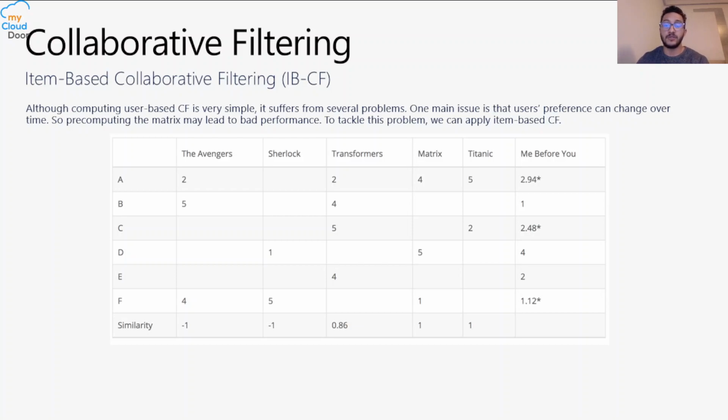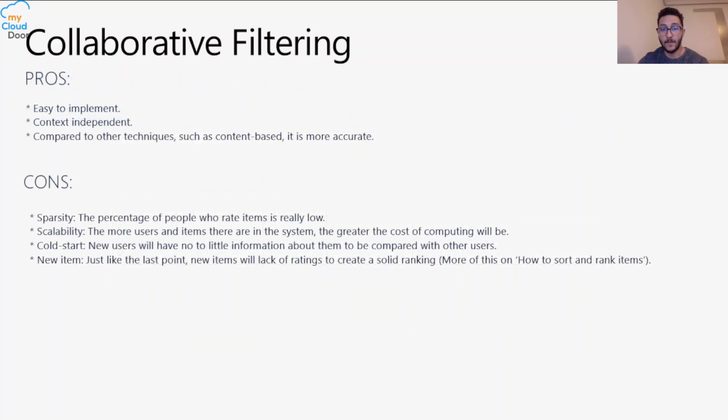So instead of measuring the similarity between users, item-based collaborative filtering recommends items based on their similarity with items that the target user rated. Make sense? Okay. So as with everything in the world, nothing is perfect. There are some pros and some cons.